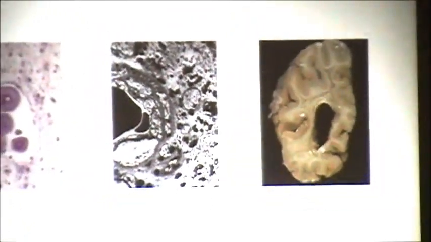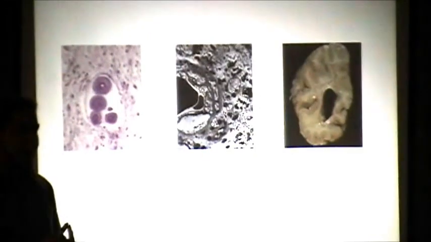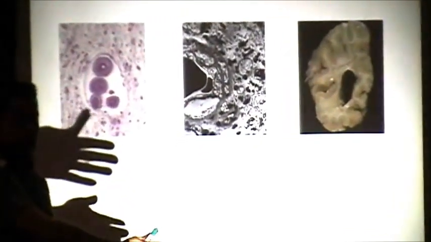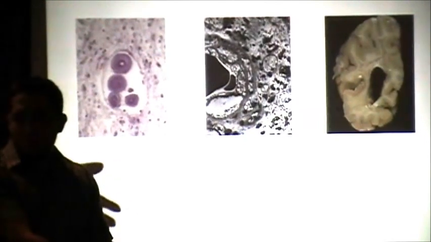You know what I mean when I say causative? Sometimes you find things that have to do with it, or sometimes you find things that just happen to be there by accident. Okay? So we know they are very important, they are always there. Let's say we are in criminal justice, we love these TV shows, and then we have here the body, and then we find here a gun.